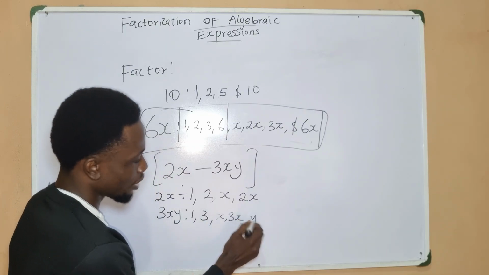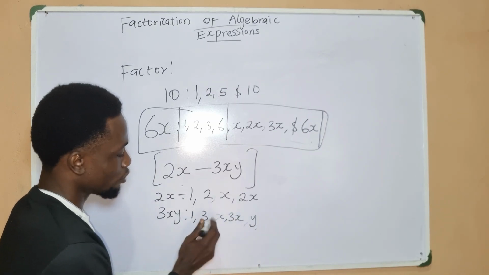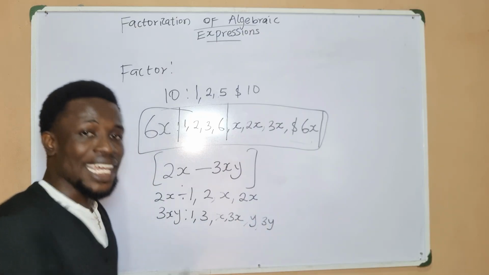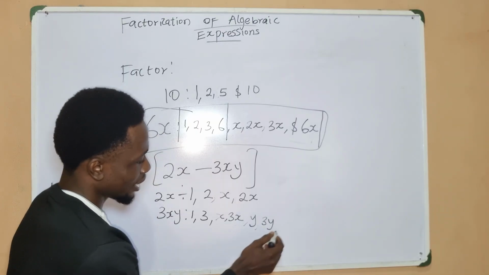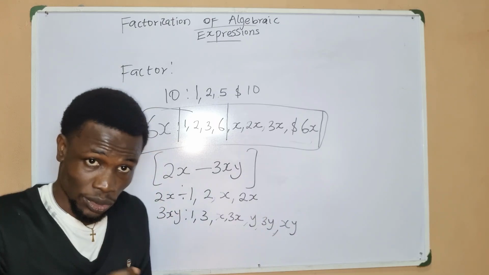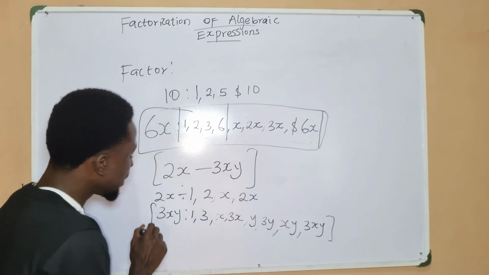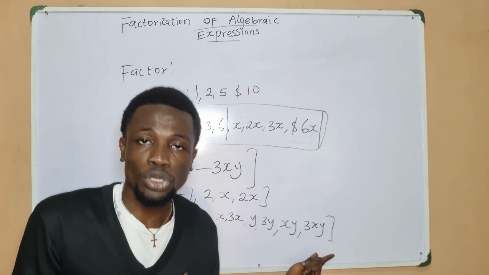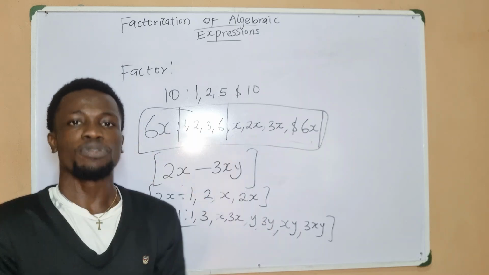So I'm going to have y, replacing 1 here. Then I'm going to have 3y, replacing 3 here. Now the next thing I'm going to do is a combination of the two variables. In terms of 1 here, I'm going to have xy as a single unit. Then I'm going to have 3xy. This is the complete set of factors for 3xy.